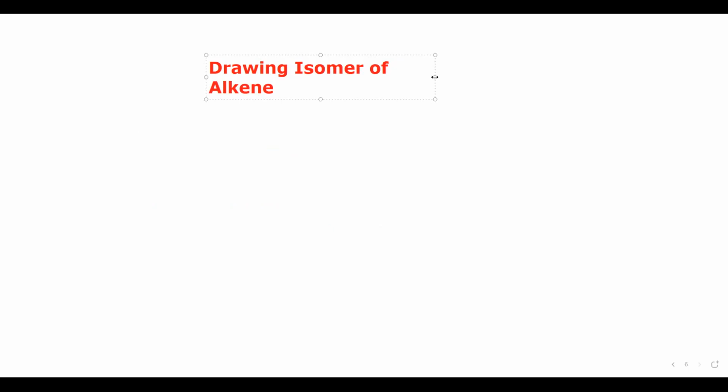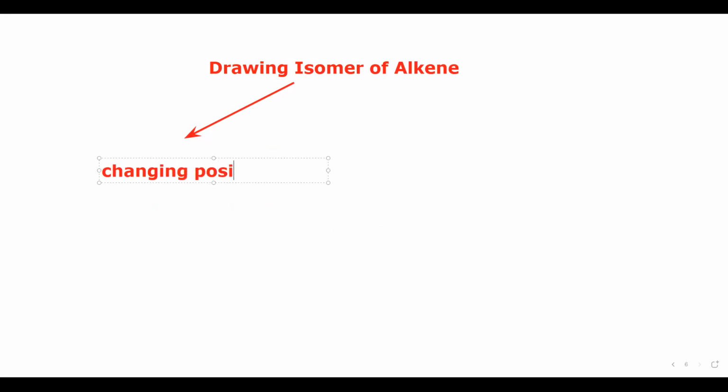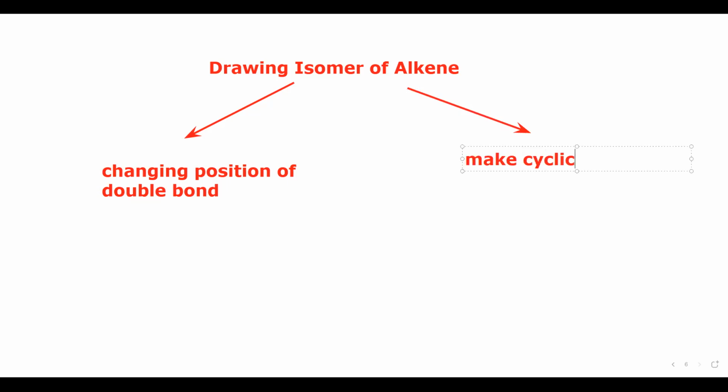The first one: we change the position of the double bond. And number two, we can make a cyclic alkane. These are the two ways by which we can draw an isomer.